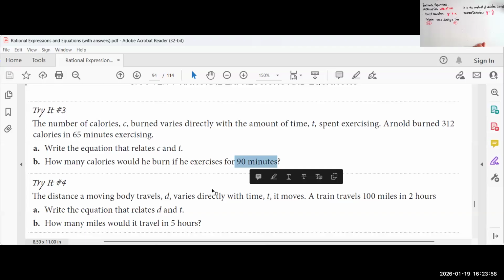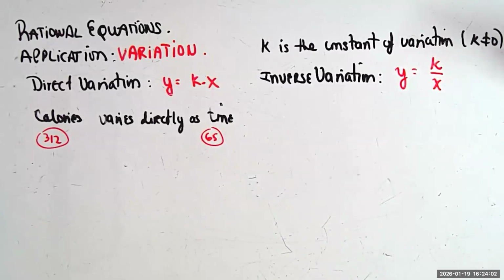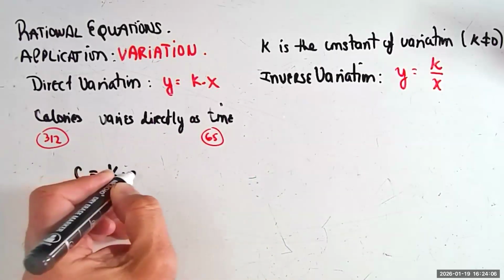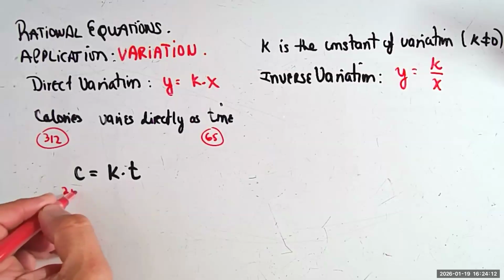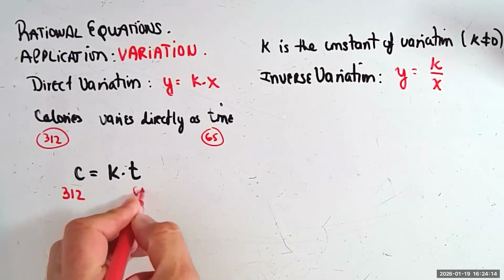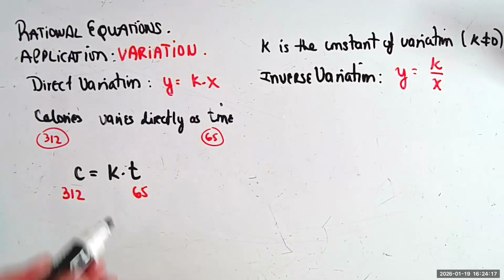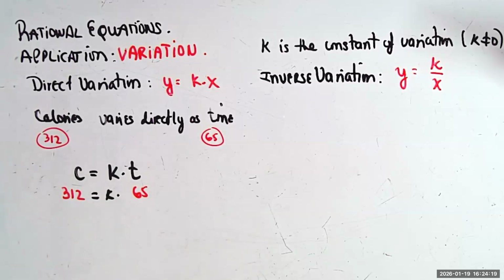Okay, so let's try this one first. Calories vary directly, so calories equals k times time. We know that Arnold burns 312 calories in 65 minutes.